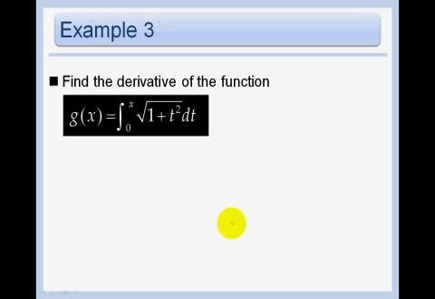So it takes us to our next example where it's saying find g prime. Well, g prime of x, in this case, we know f of t is the square root of 1 plus t squared. So, from the fundamental theorem of calculus, g prime of x is just f of x.